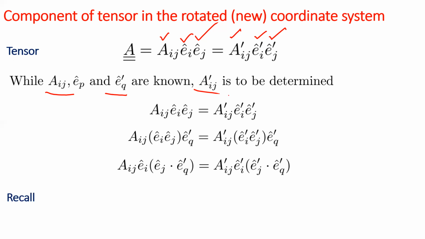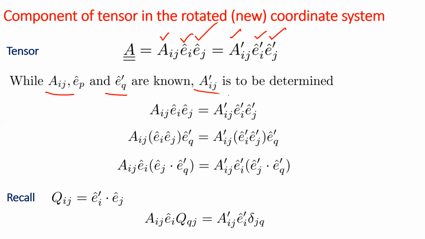If you recall, this eq prime dot ej on the left hand side can be written as Qij. This is how we define it. So I'm going to write it this way, so I'll have the left hand side in a more pleasing manner. The right hand side simplifies to the Kronecker delta jq. Now I want to identify the scalar component Aij prime.